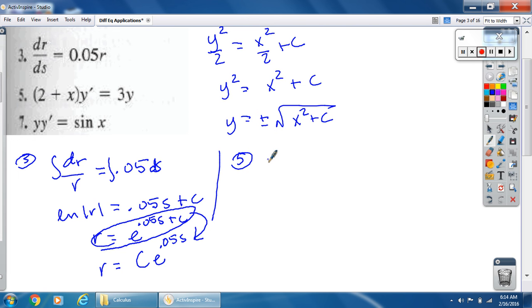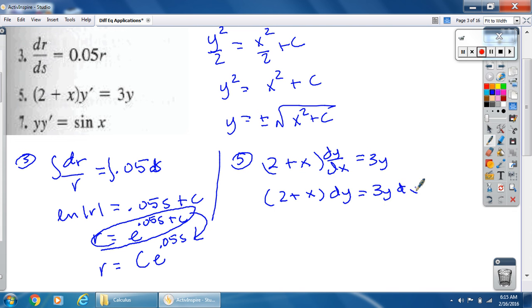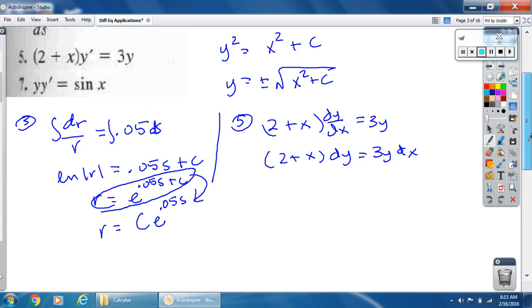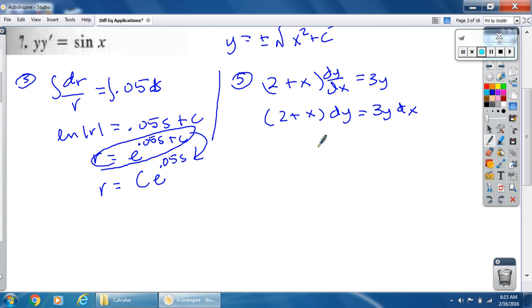Number 5, we have 2 plus x times dy dx is equal to 3y. I'm going to multiply, first of all, the dx to the right hand side, just to do this step by step. And notice that the x's and y's are not together yet, so I'm going to divide both sides by 2 plus x.